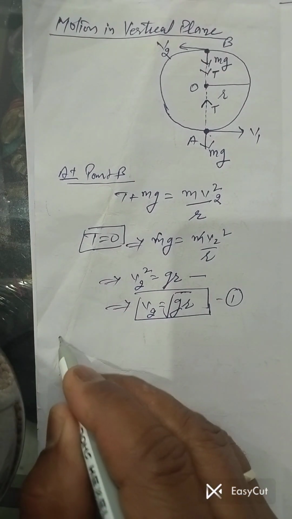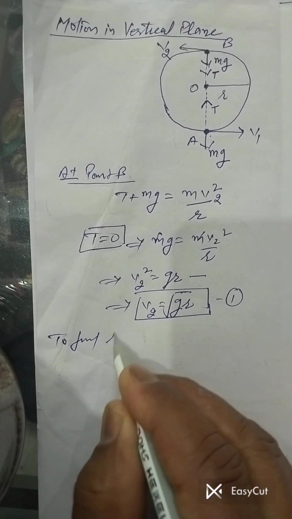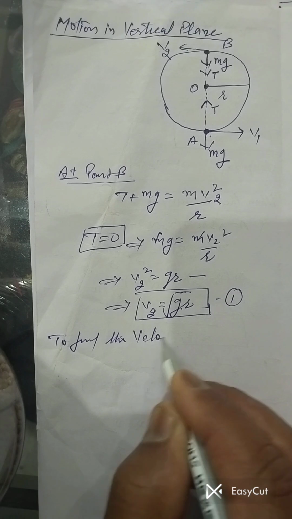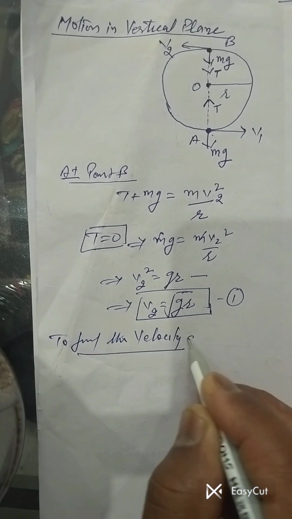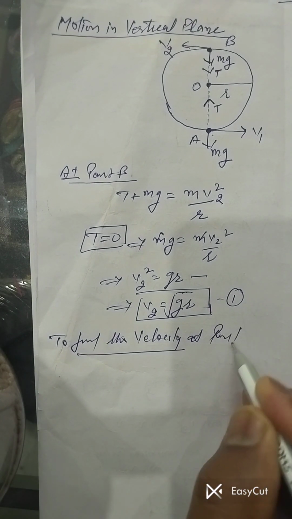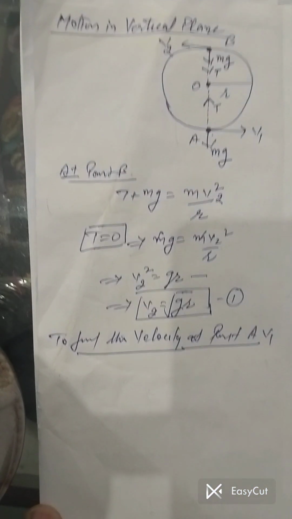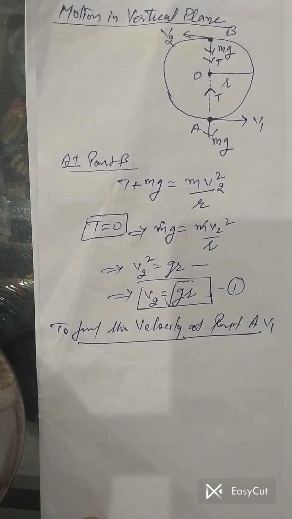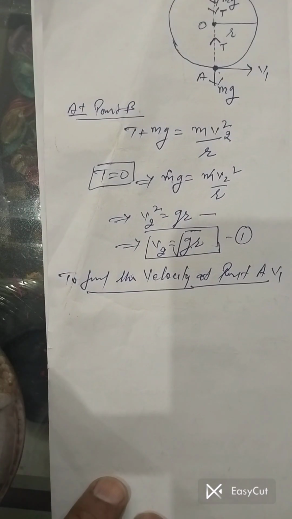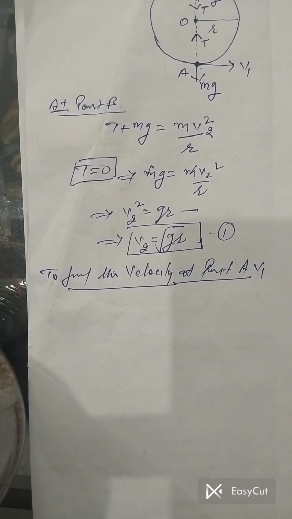Now we have to find the velocity at point A, that is, the velocity v1. To find it, we will use the concept of total energy.